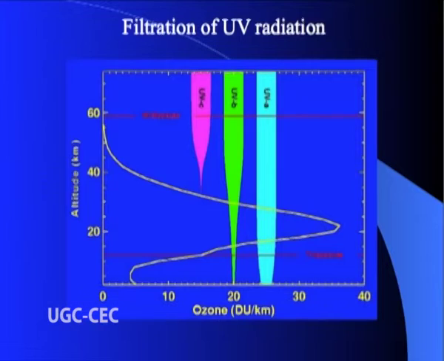The extraterrestrial radiation beyond stratosphere has all the three components of ultraviolet, whereas the global radiation, that is the sunlight at the surface of the Earth, has no UVC, very little of UVB, and a large amount of UVA.